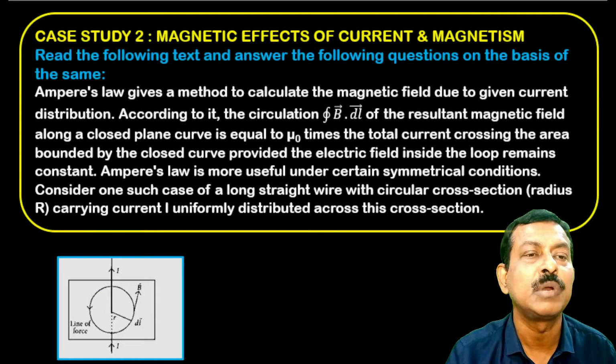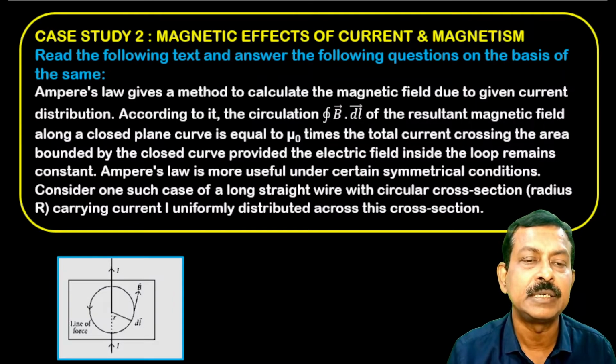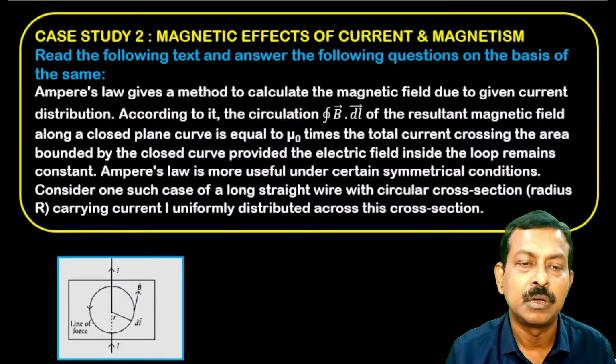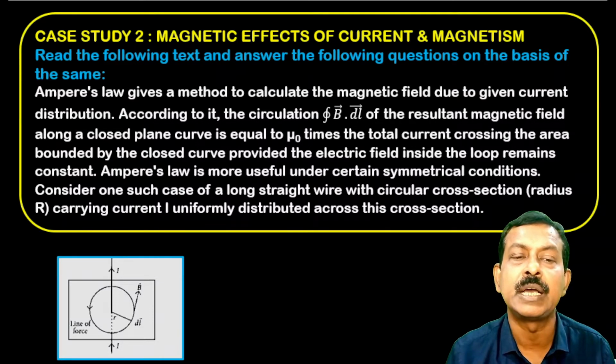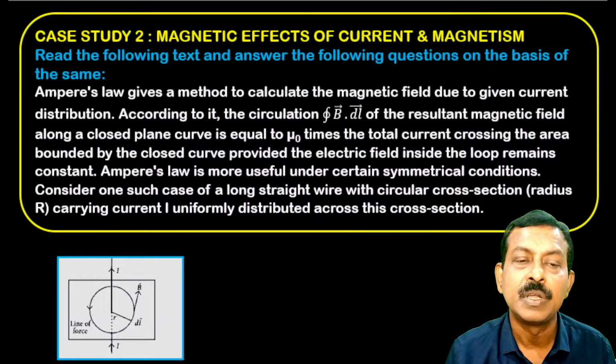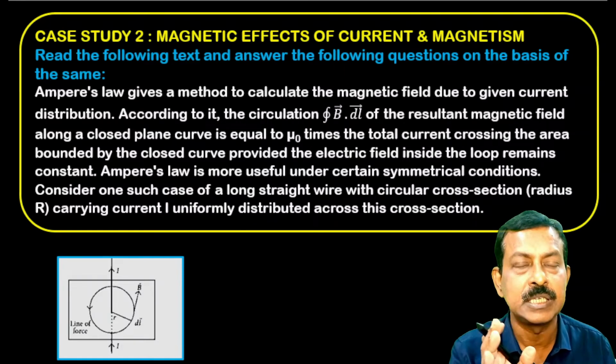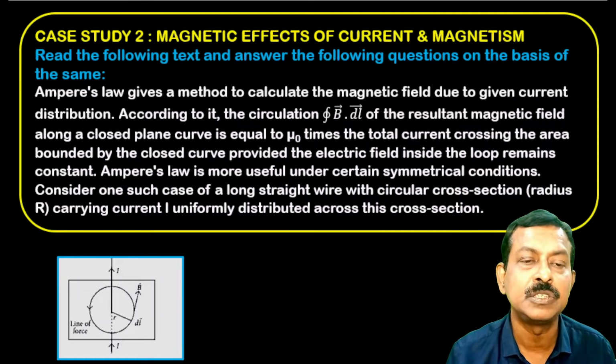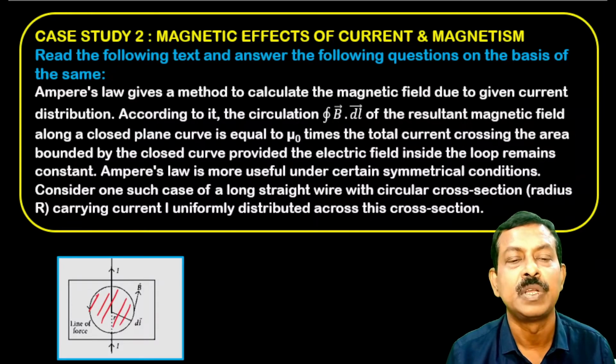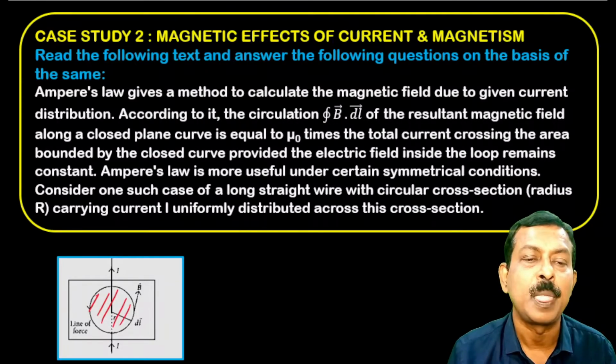Now in this particular case, this is a conductor which is carrying current I, whose radius is R, and the current is distributed uniformly over its cross section. So current is passing through this and its radius is R there.